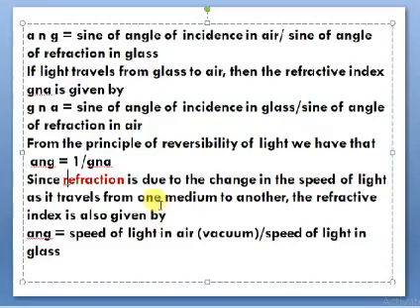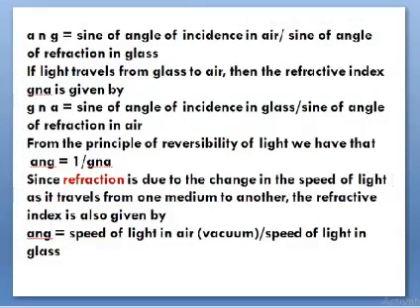In such a case, the refractive index of a ray of light moving from air to glass will be equal to the speed of light in air, or vacuum, over the speed of light in glass.